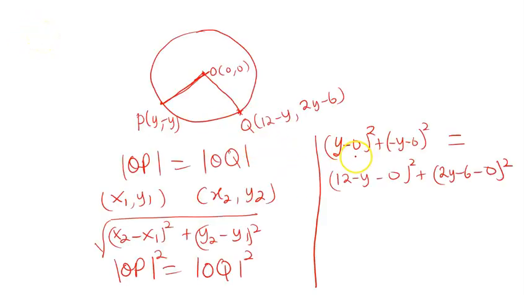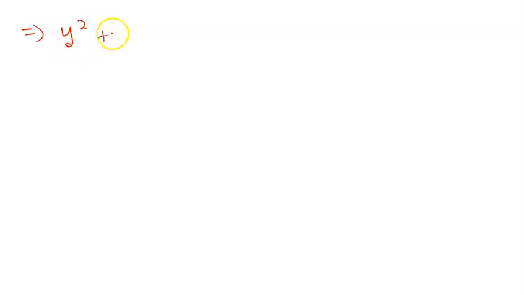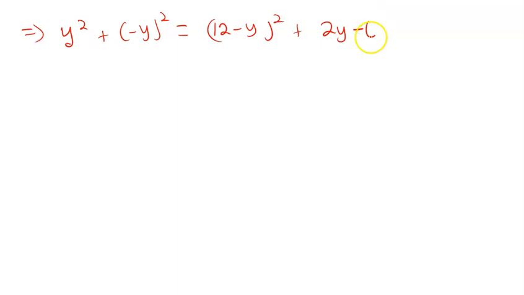So this implies that, when you go back, we have y squared plus minus y squared is equal to 12 minus y squared plus 2y minus 6 squared. So let's expand. So we have y squared plus another y squared. The negative will turn to positive.